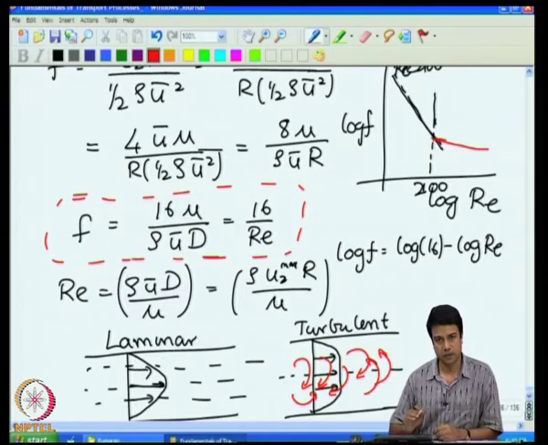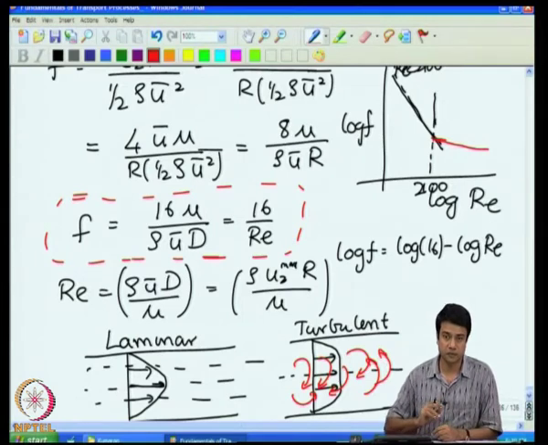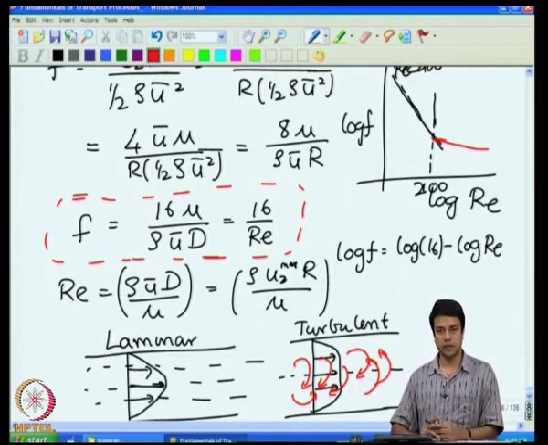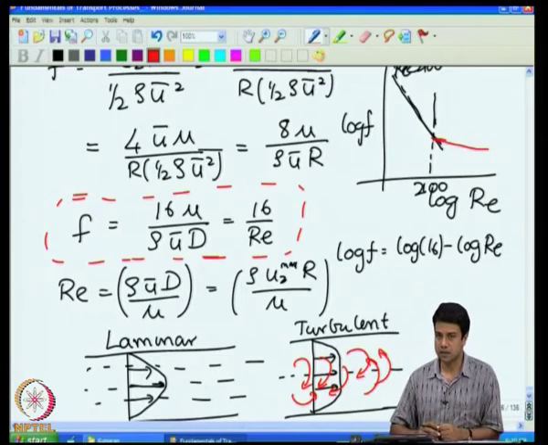Beyond that point, you have a turbulent flow which is highly mixing, highly chaotic, with large fluctuations in the fluid velocity, not just the molecular velocity, but also the fluid velocity. And these large fluctuations transport momentum far more efficiently across the flow, and this results in a much higher friction factor. So, up to about 2100, you can use the friction factor 16 by Re.